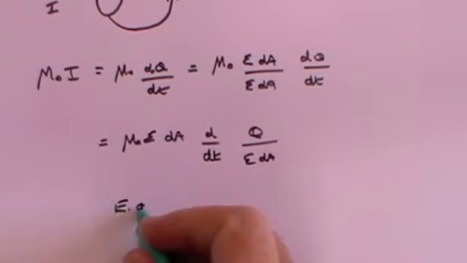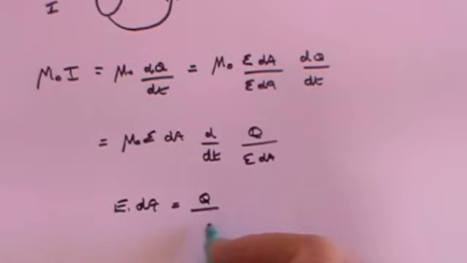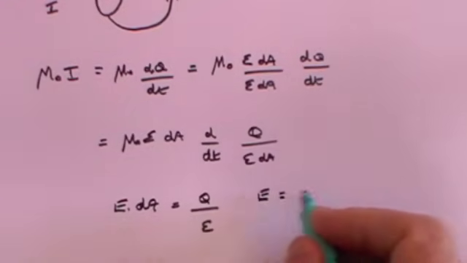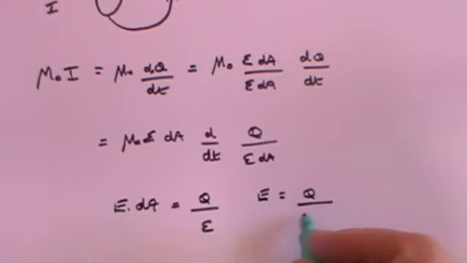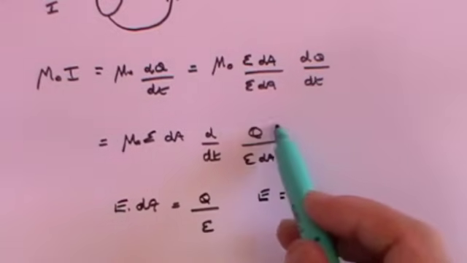that E dot dA is equal to Q, or sigma Q, divided by epsilon, which tells us that E is equal to Q divided by epsilon dA. And Q divided by epsilon dA is this term here.